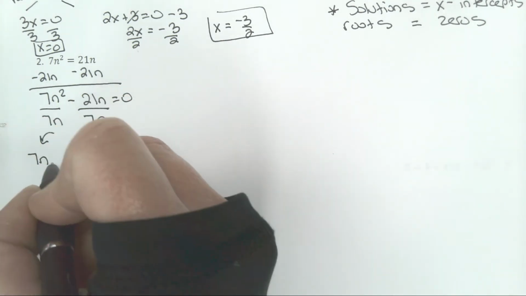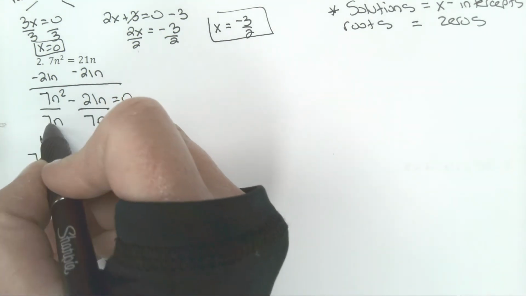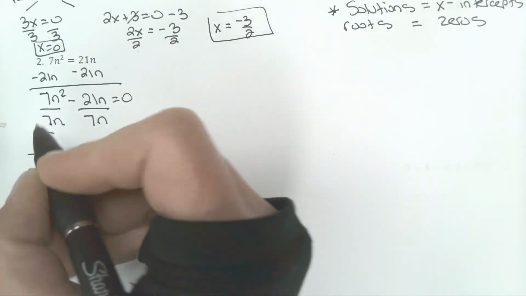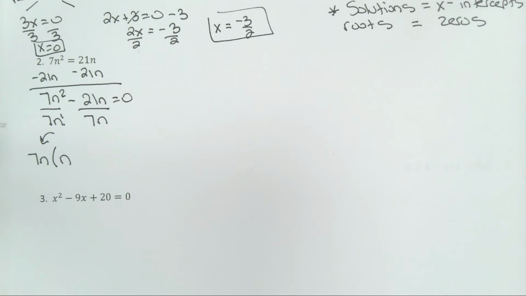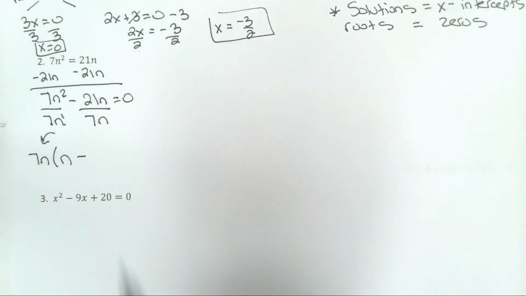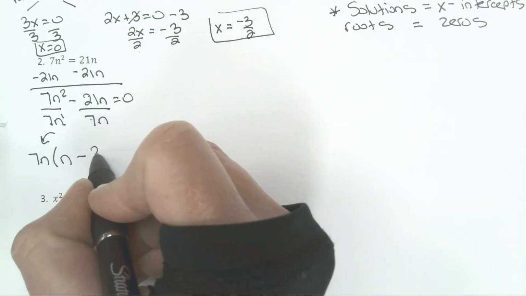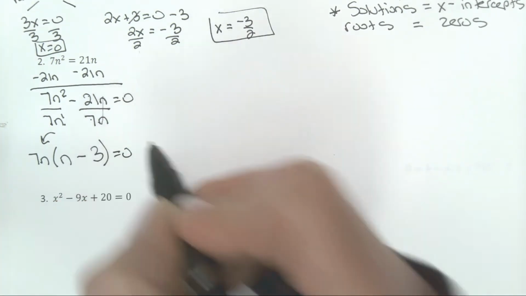So I'm going to bring down my GCF, and now I'm going to divide. 7 divided by 7 is 1. When you divide variables, you subtract exponents, so that just gives you n. Bring down the sign between them. 21 divided by 7 is 3, and your n's cancel out.